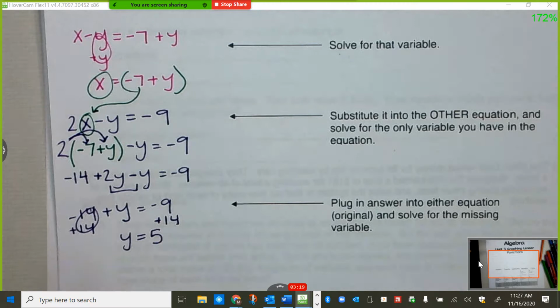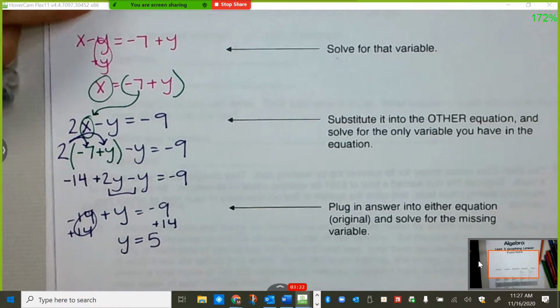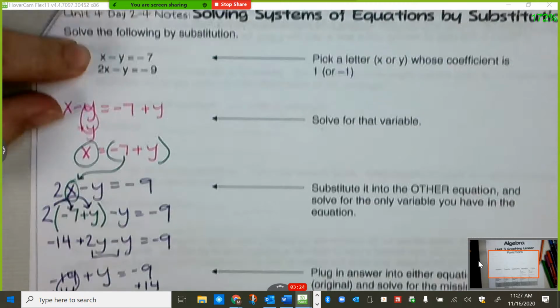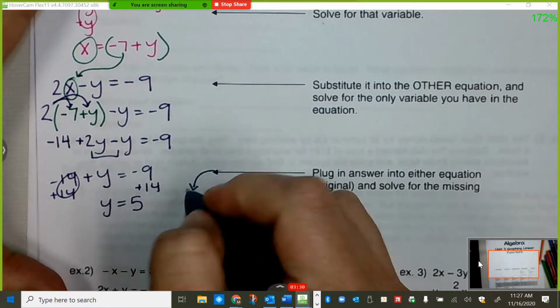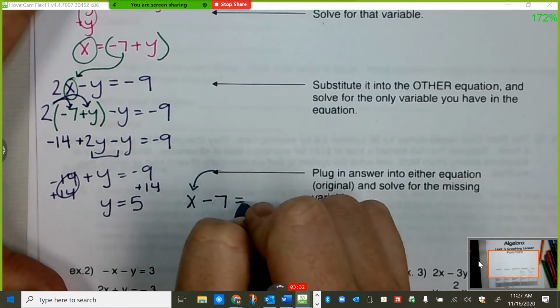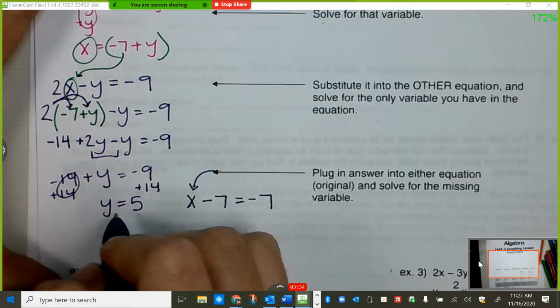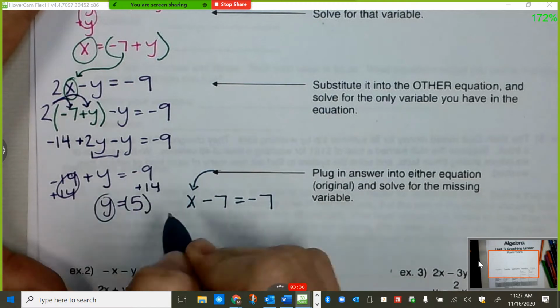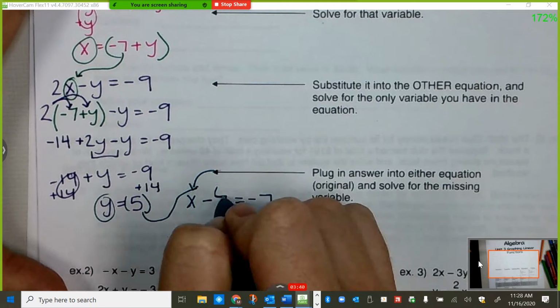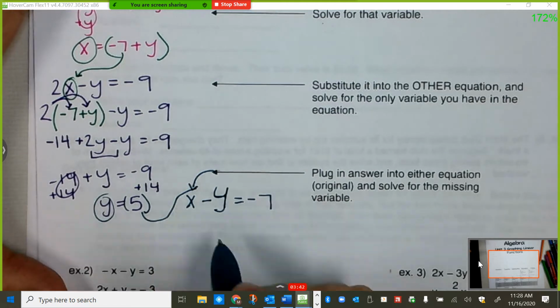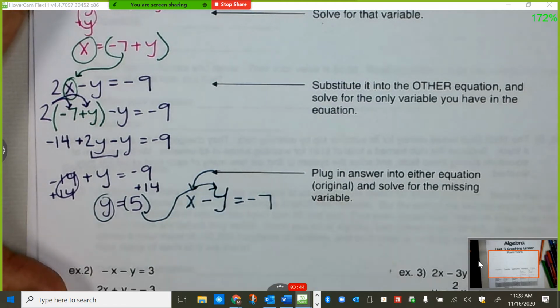So now we take the original equation that we messed with. The x minus y equals negative 7. This step is kind of coming down here. And we are going to plug in, if we know y equals 5, what did I just do? Why did I put a 7 there? Sorry, y'all. Okay, we're going to plug in y is 5.